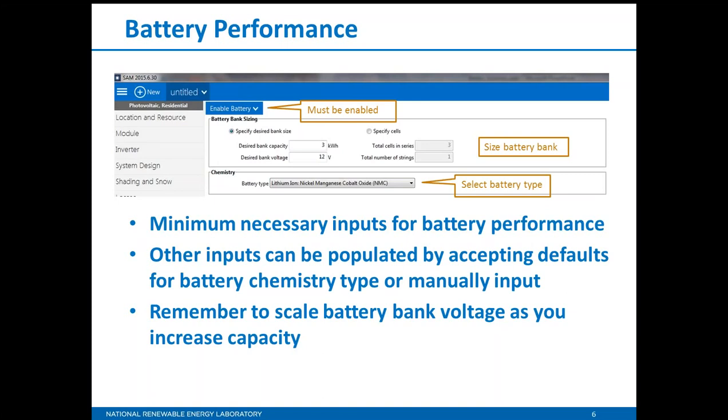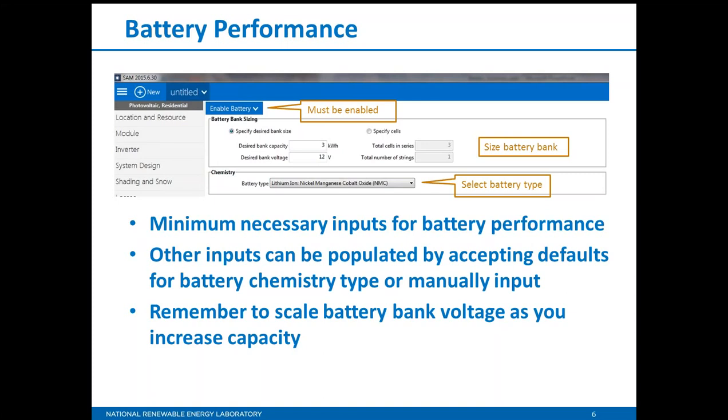And as you scale that size in kilowatt hours, you need to make sure to also scale the bank voltage. This is so you have realistic amounts of current going through your system. So you can imagine if you scale your battery from 3 kilowatt hours to 1,000, you don't want the bank voltage to be 12 volts.